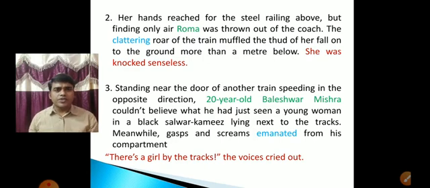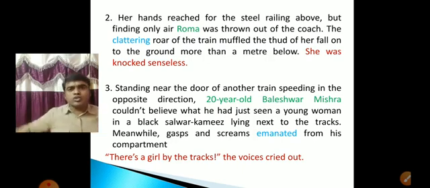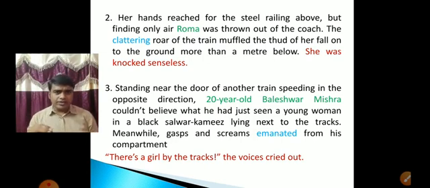And when she was thrown out of the coach, children, she fell a meter below. See there. That lady was pushed out from the moving train. Got it, children? Who is that lady? Roma Talreja. She was knocked senseless.